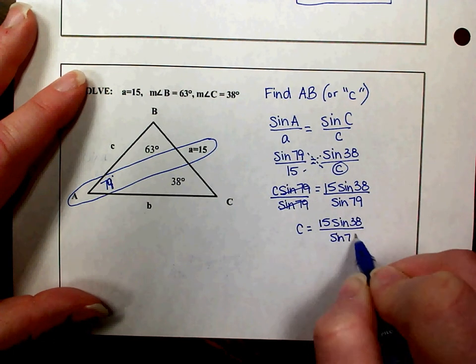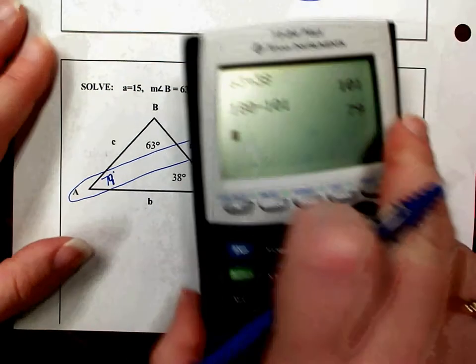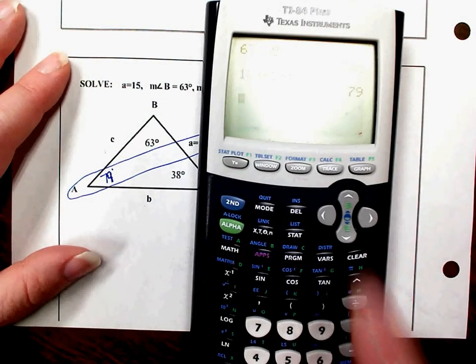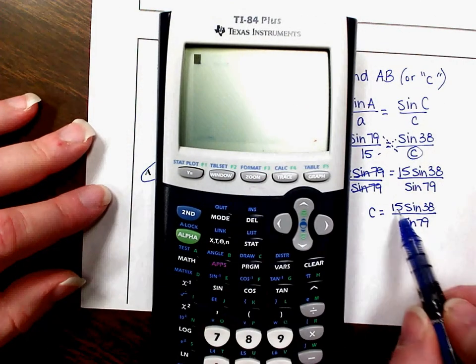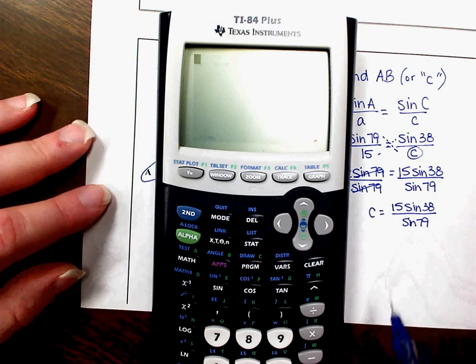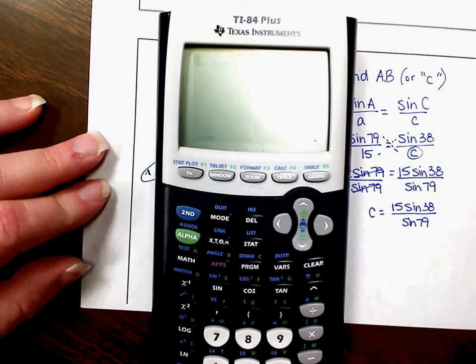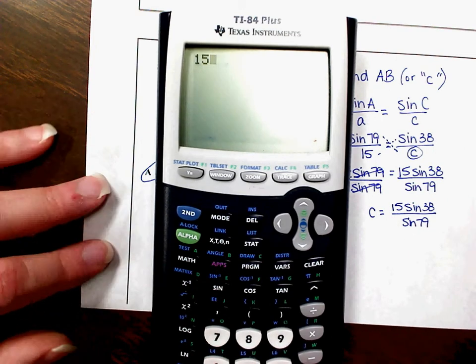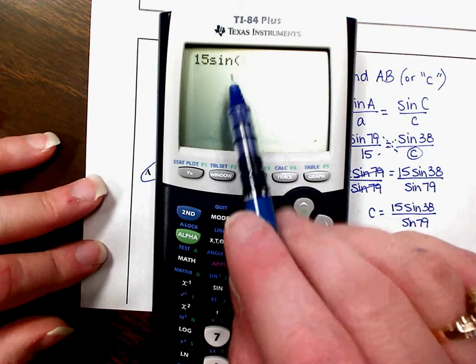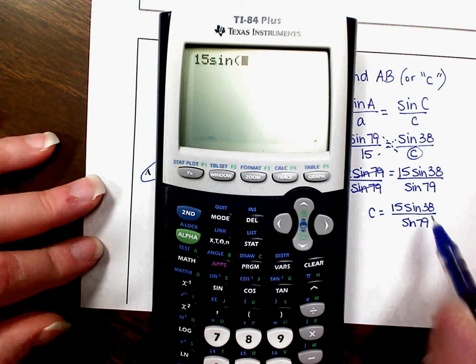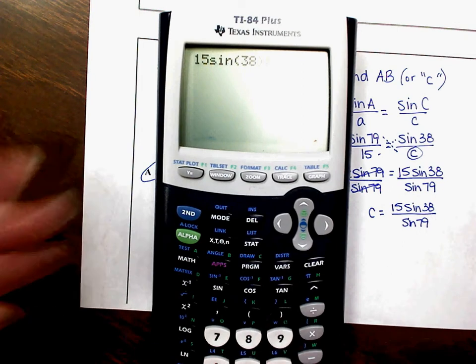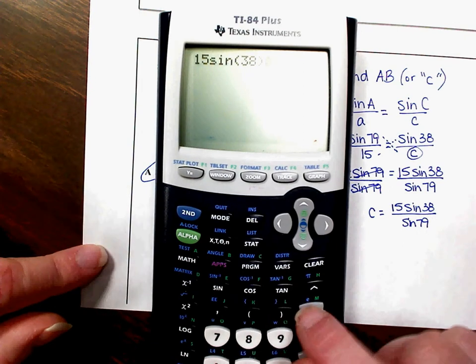I'm already in degree mode, so I can just enter that into my calculator. You don't have to worry about extra parentheses here because your calculator will do multiplication before division anyway. So you can just go straight into 15 sine. Now notice your calculator opens up parentheses for what you're taking the sine of, which is 38. So make sure you close that parentheses before dividing by sine of 79.